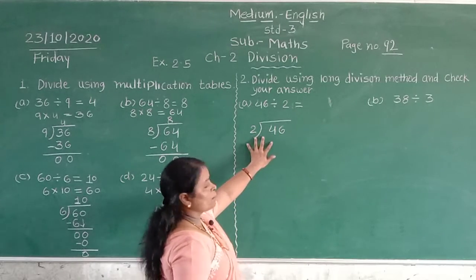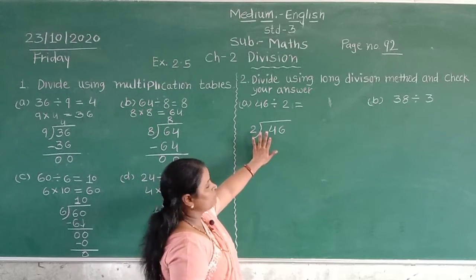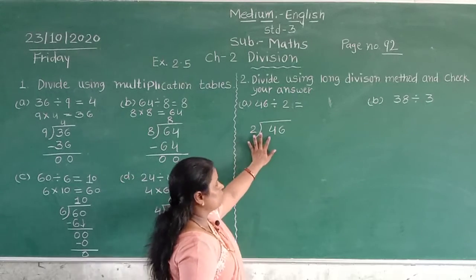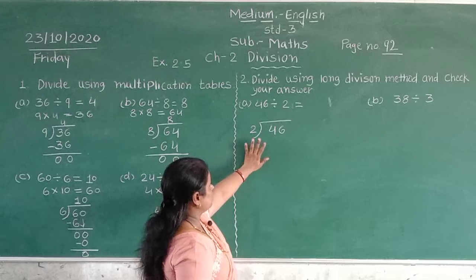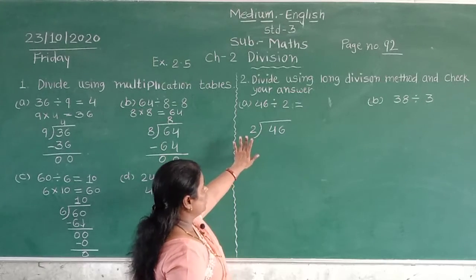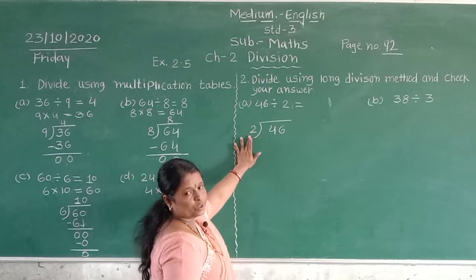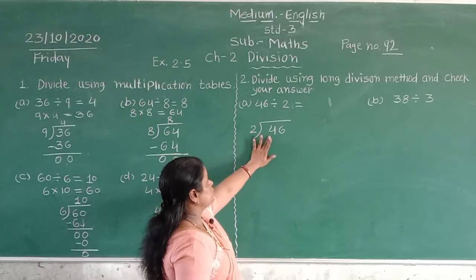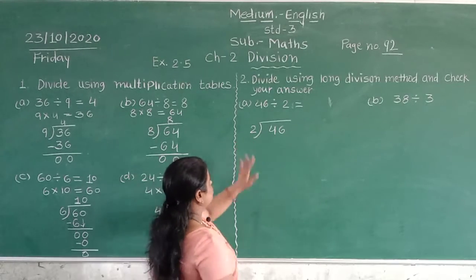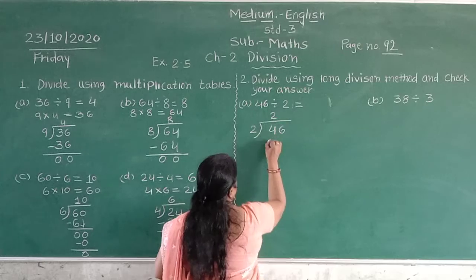Now first we compare numbers 2 and 4. 2 is a small number and 4 is a big number. So 4 is divided by 2. How many times does 4 come in table of 2? 2 2s are 4.